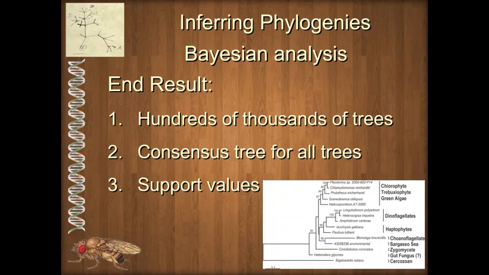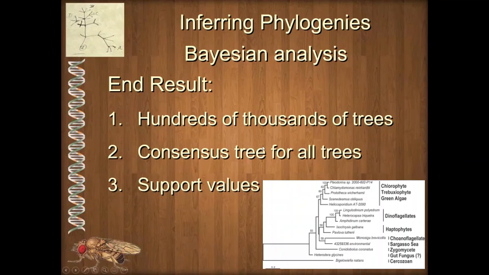You get an end result and it says this is the best tree overall based on this parsimony criteria, but it doesn't tell you if some of those relationships are better supported than others. A Bayesian analysis does that. So it's another time-saving part of a Bayesian analysis. So not only are Bayesian analyses overall faster than maximum likelihood analyses, but they also give us a support measure at the end of the analysis. So that's a huge advantage for Bayesian analysis.